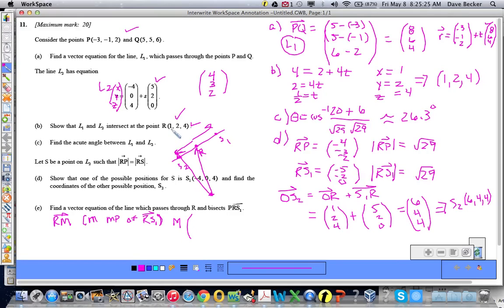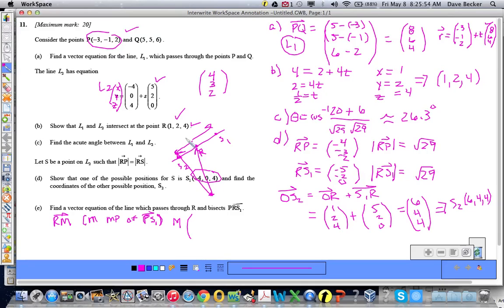Wait, that doesn't make any sense at all. Wait, what am I doing? PS1. Sorry, of PS1. I'm not sure why that R is there. PS1. So where is point P? Point P is up here, and point S1 is here.